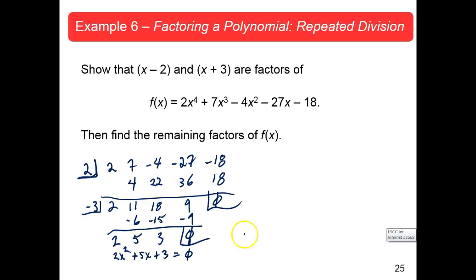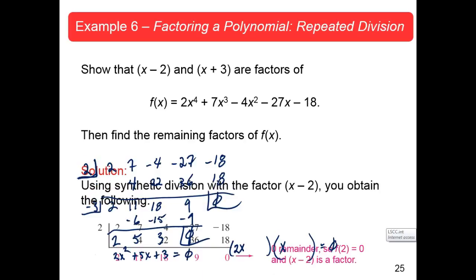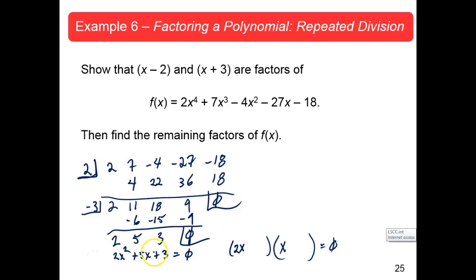So how could we possibly factor that? What's the only possible factorization for 2x squared? 2x times x. Very good. Where do we look next? The sign of the last term, and that's positive. What does that tell you about these two signs? Well, they have to be the same.